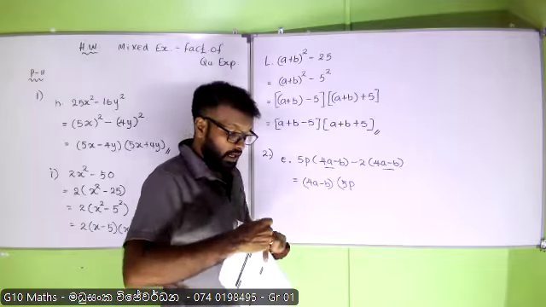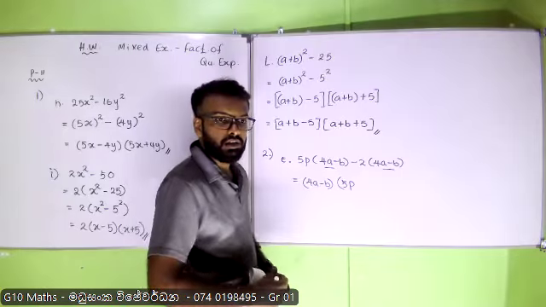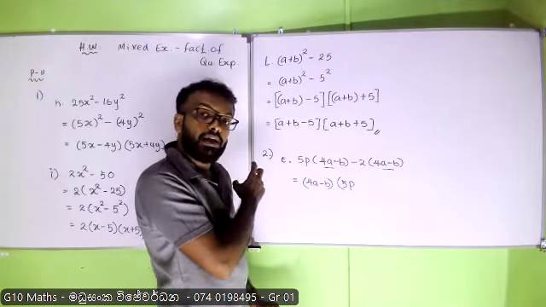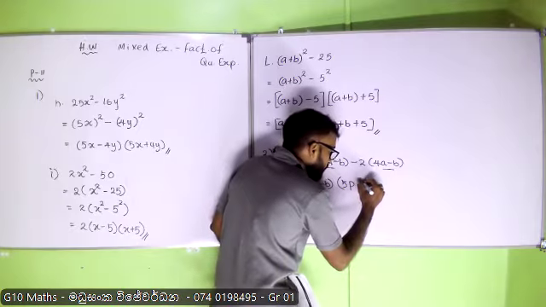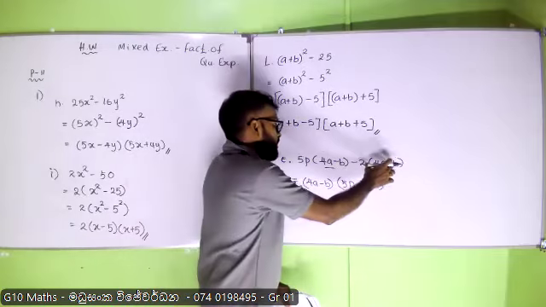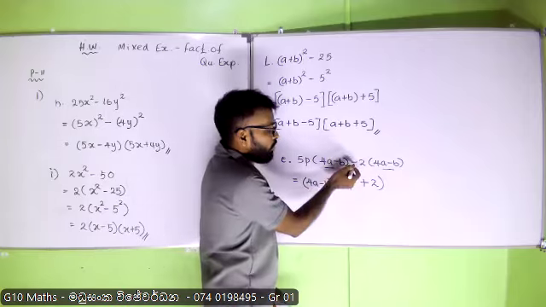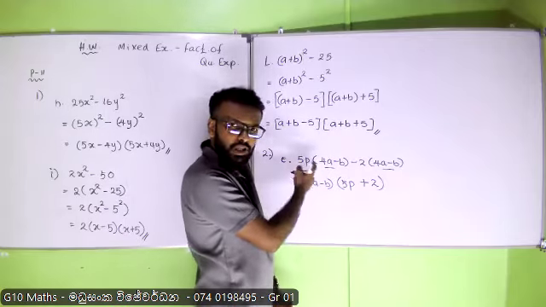Some of you are writing like here. Now this is minus 2. When you are taking 4a minus b out from the bracket as the common term, will this minus term be converted into positive? How does that happen? When you are taking 4a minus b out from the bracket, are you taking the negative sign?